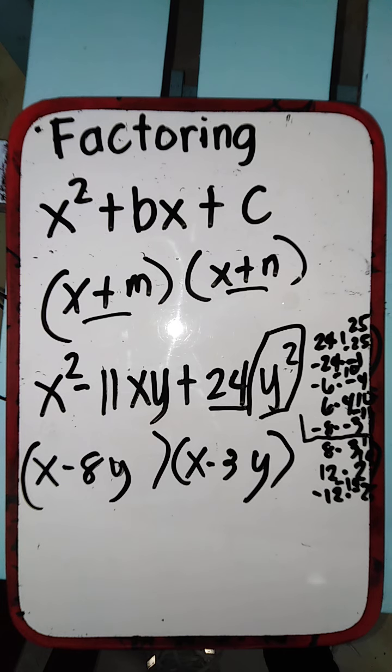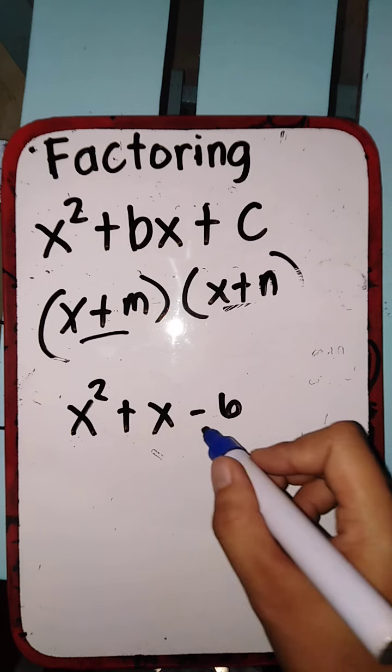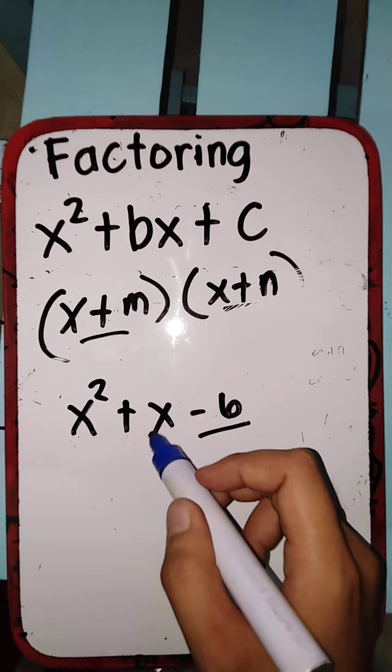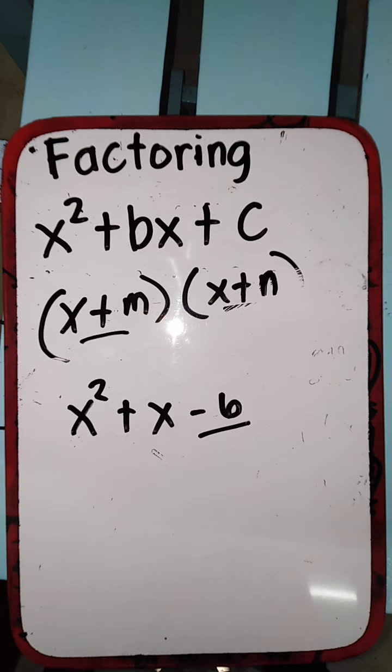Okay, another example. We have x squared plus x minus 6. So again, our c is negative 6 and our b is 1. There is no 1 written here, but the x is understood to have a coefficient of 1.